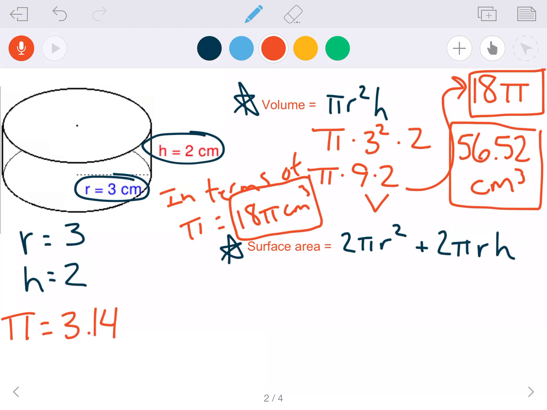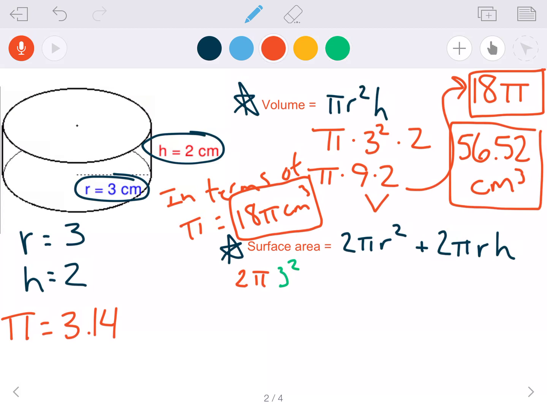So surface area is going to be a little bit trickier just because it has a little bit more to it. But we're just going to start with substituting in what we know. So I know 2 and I know pi. In this case, my radius is 3 squared, so we're just going to substitute that in there.